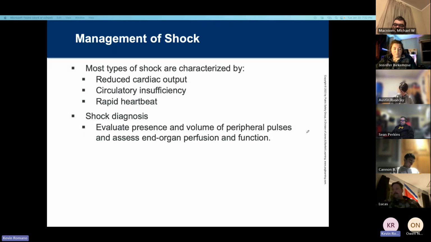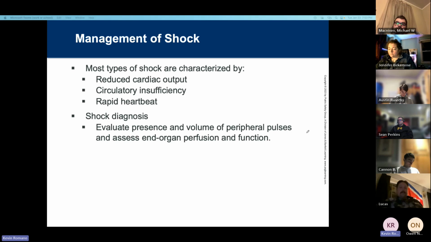Mottling, pallor, peripheral or central cyanosis, and delayed cap refill may be signs of shock. Decreasing levels of end-tidal CO2 are an early indicator of shock, before you start seeing the mottling, pallor, and cyanosis. It will start dropping.